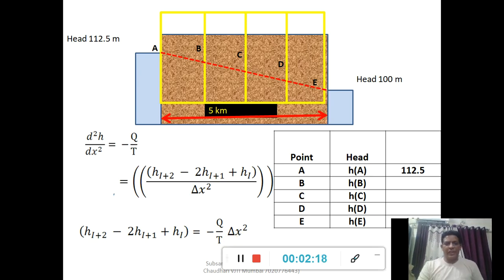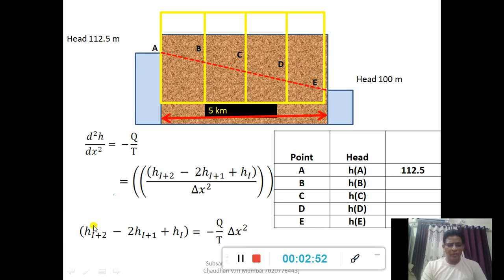Now the Δx in this problem is 5 kilometers divided by 4, so the value of Δx is 1250 meters. Please estimate the value of this constant term q/T into Δx², equals z. So the value of z equals 1.5625.